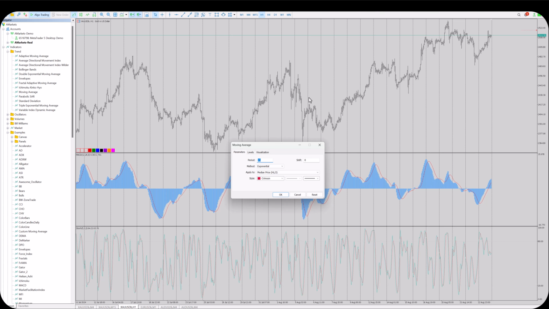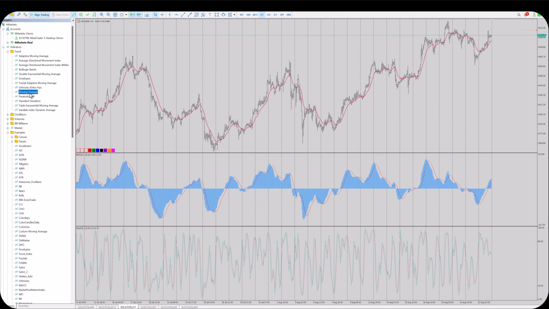What I use, because I trade in a 1 minute chart, I want to see the higher time frames. So normally 15 minute and 1 hour and 4 hour time frames. These are the higher time frames that I look at to find the trend. So I'm gonna have one at 15. I'll put it at red, exponential, and median price. I want to see the middle of the candle.